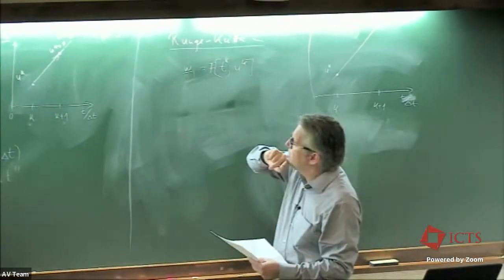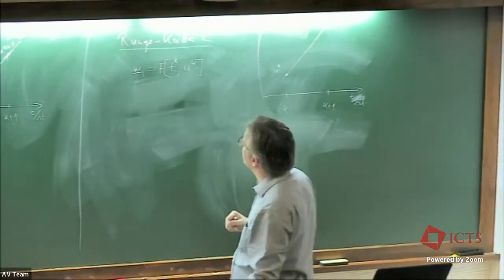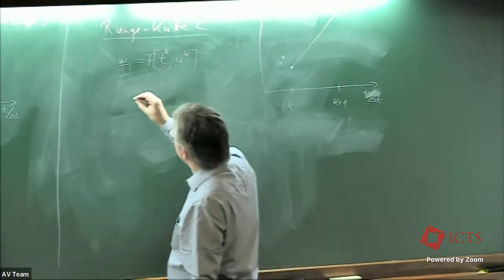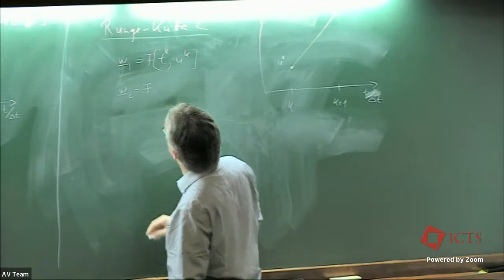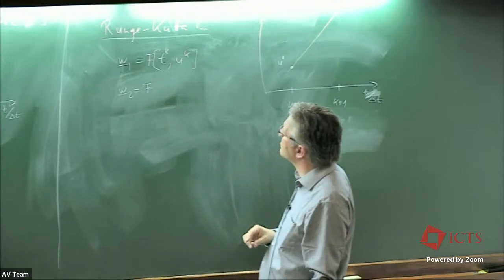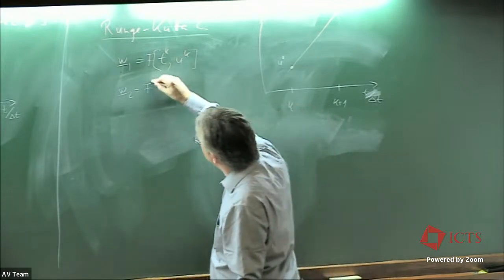And now comes where the scheme deviates. We next evaluate a new slope, W2, which is also a right-hand side evaluation. But here comes the trick.